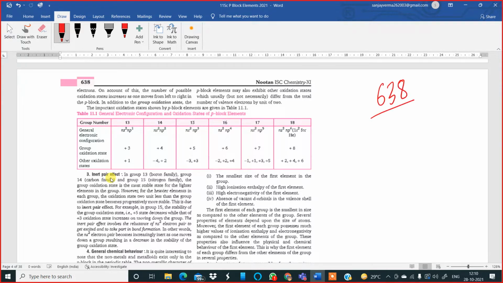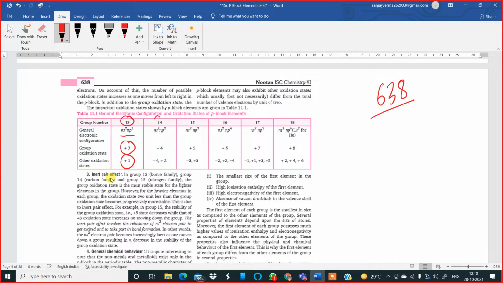If you look at this table carefully, group 13 elements have the general electronic configuration ns2 np1. The group oxidation state is generally +3, but other oxidation states are also exhibited by some elements of the group, such as +1.